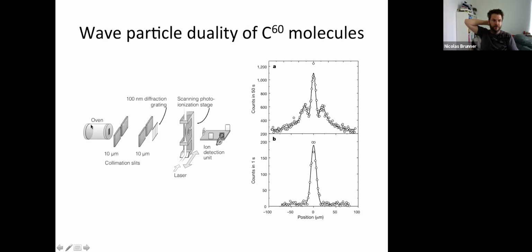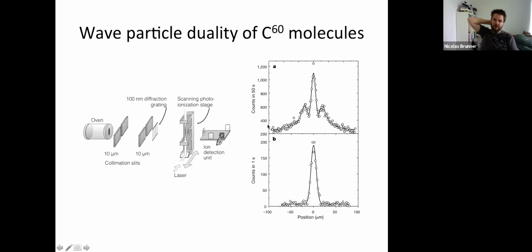You have an oven to prepare a stream of these molecules that come out one at a time. Here you have a diffraction grating, so these are your two slits, if you want. And then here is a device to see where your particles arrive.